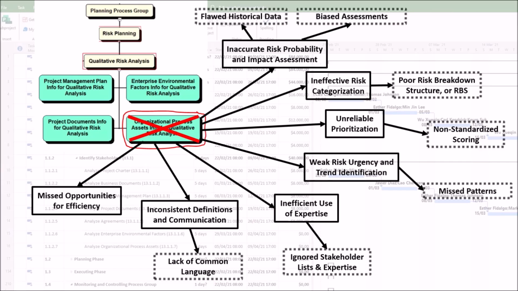7. Missed opportunities for efficiency. Reinventing the wheel. Teams waste time developing risk categories, matrices, and approaches from scratch rather than adapting proven templates and processes from past projects, slowing down the analysis and introducing avoidable errors.